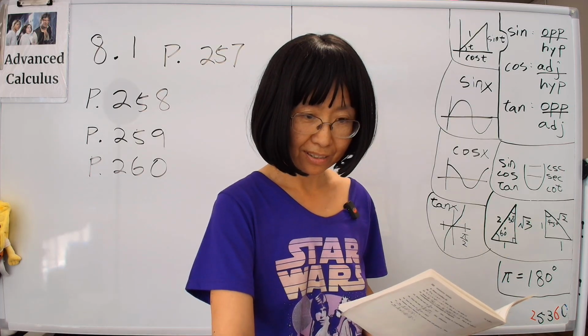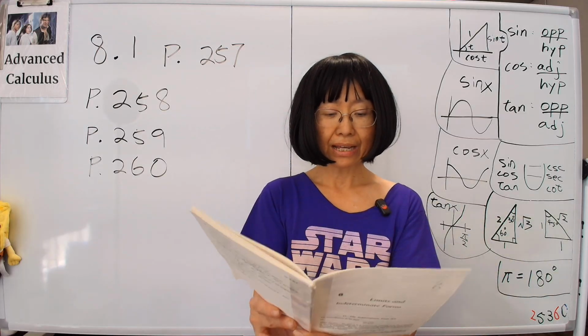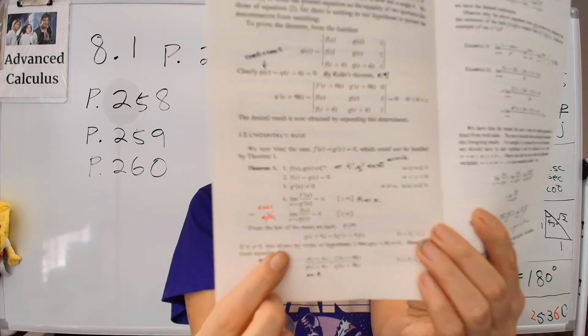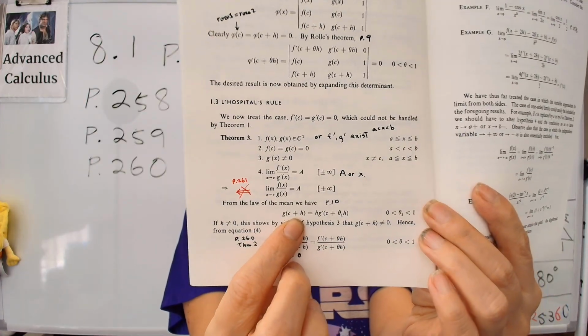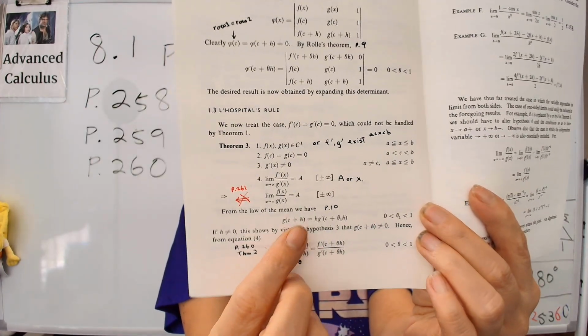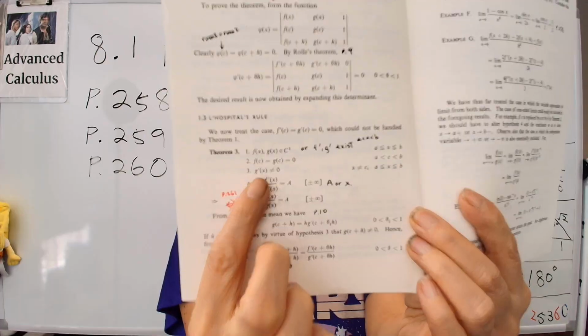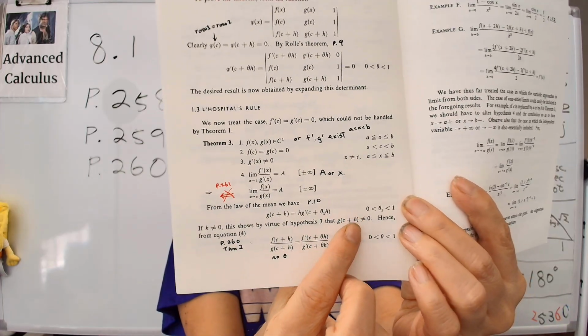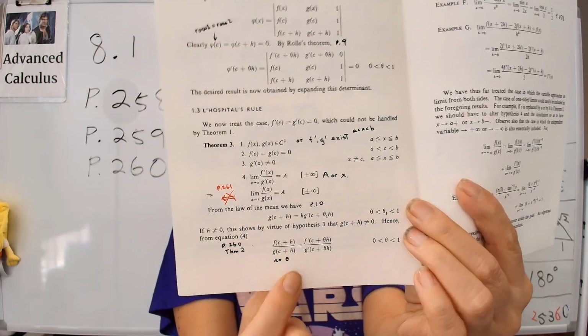Give me a second here. So when h is not 0, from this equation that we got from the law of the mean, and since g prime is not 0 by condition 3, we know that g of c plus h is not 0. Okay, so we can divide by it.